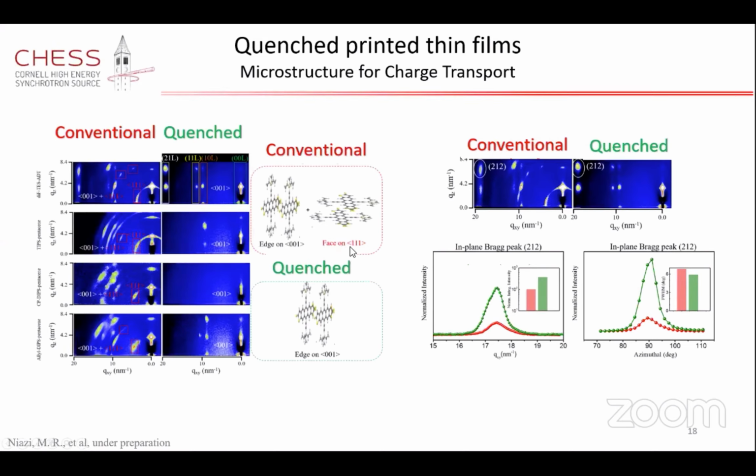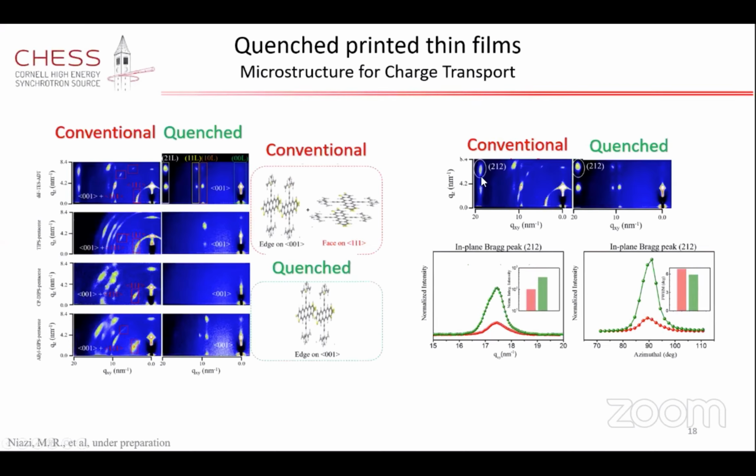The face-on texture suppresses the in-plane pi stacking that is necessary to have better charge transport properties in these devices. While the films processed via this quenched intermediate phase only had edge-on texture, which promotes the in-plane pi stacking and then eventually promotes the in-plane charge transport.